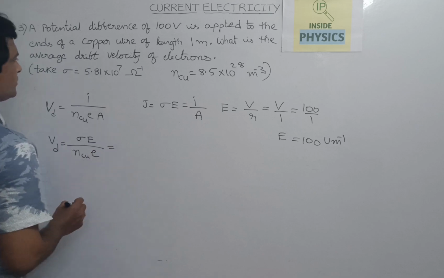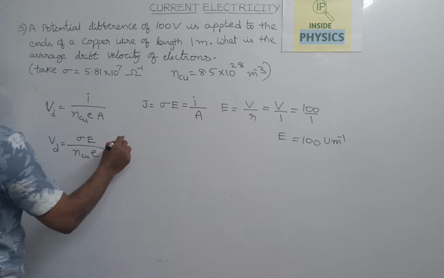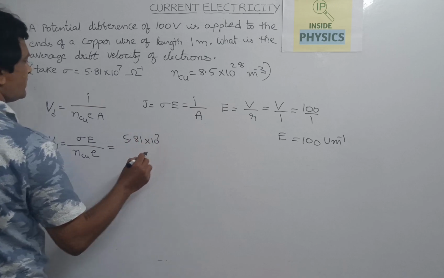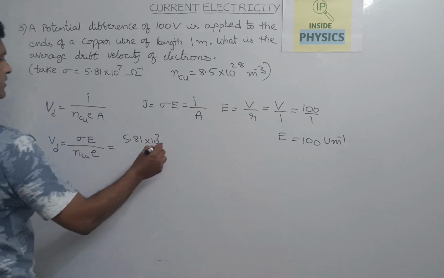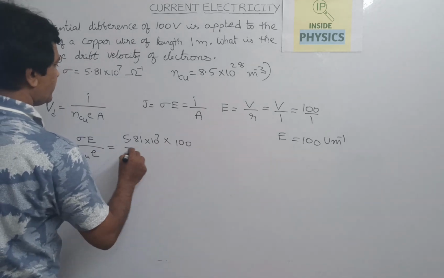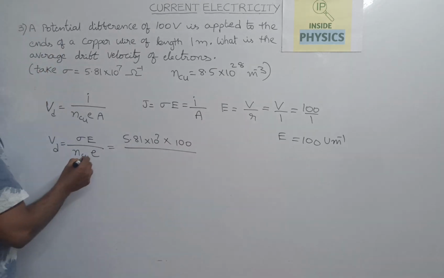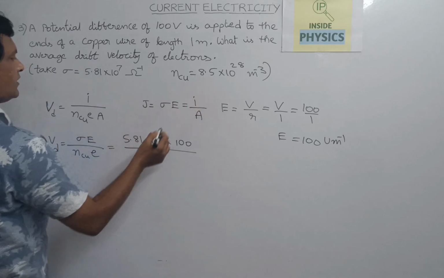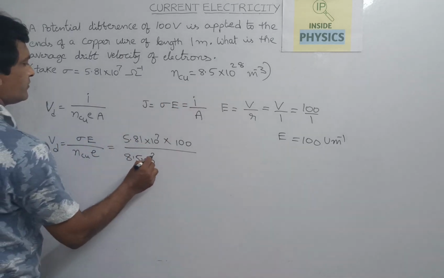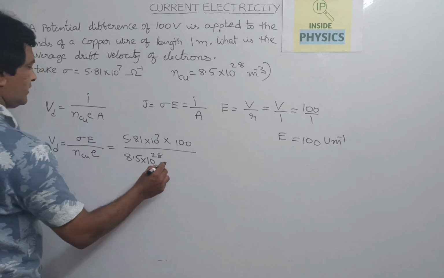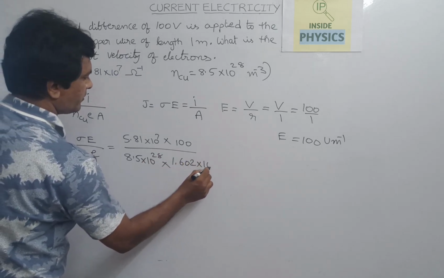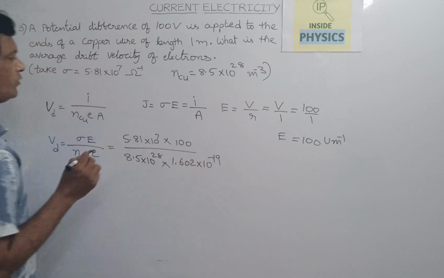Now if you substitute these values, take sigma, the conductivity of the copper wire, as 5.81 into 10 to the power of 7, into the electric field of 100 volts per meter, and the number of free electrons is already given in the data, 8.5 into 10 to the power of 28, and the charge of electron we already know, 1.6 into 10 to the power of minus 19 coulombs.